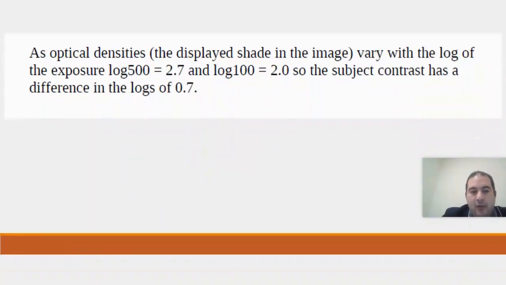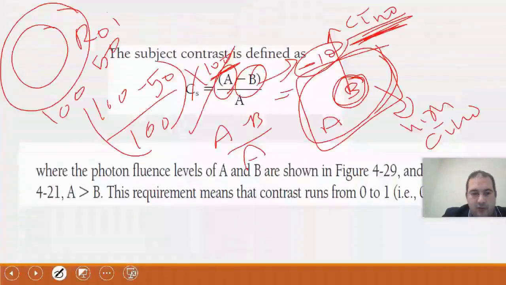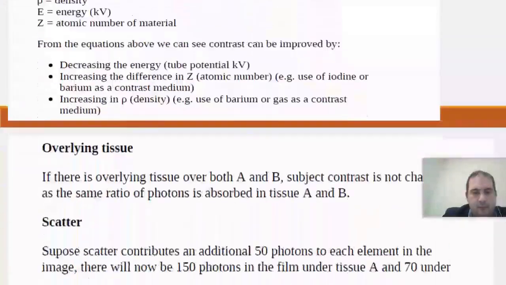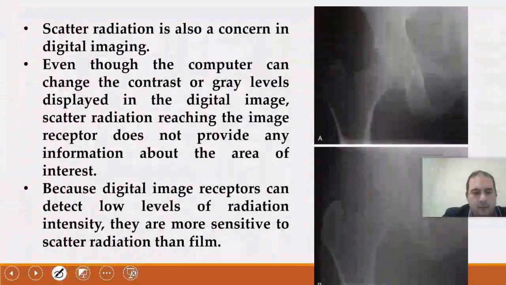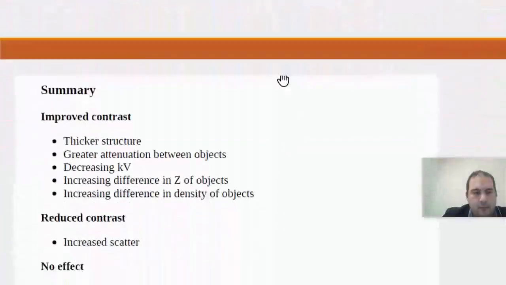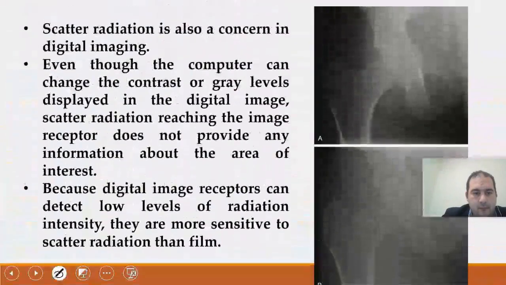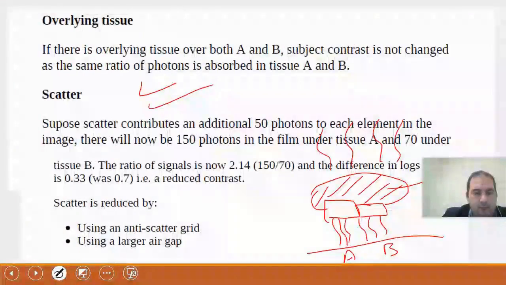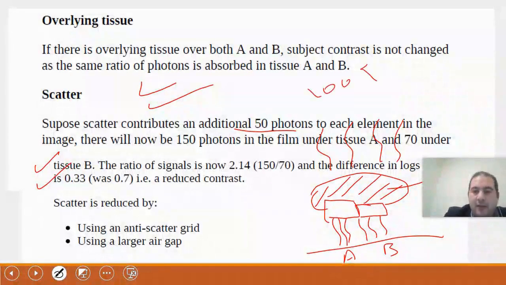All right, now if you add scatter, the scatter is 50 photons for each element, so consequently the totals become 150 and 550.